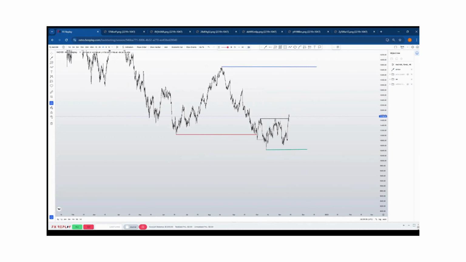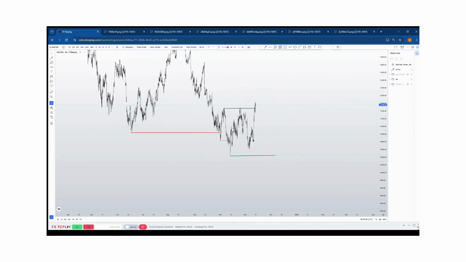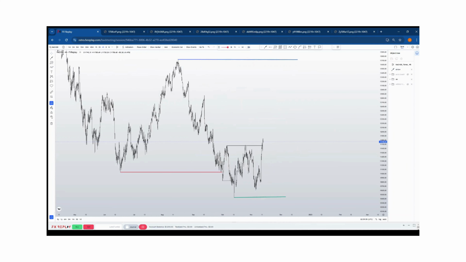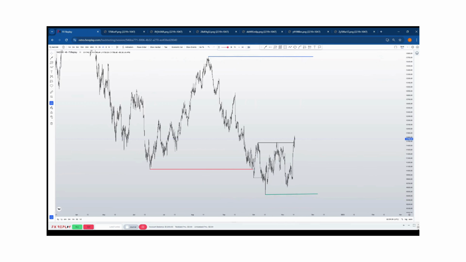And with that, we have a complete range on the H4, a complete swing range on the H4.